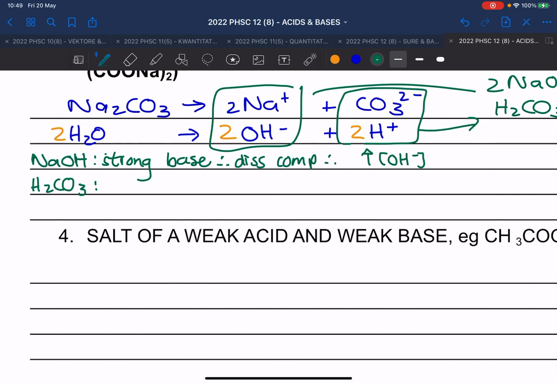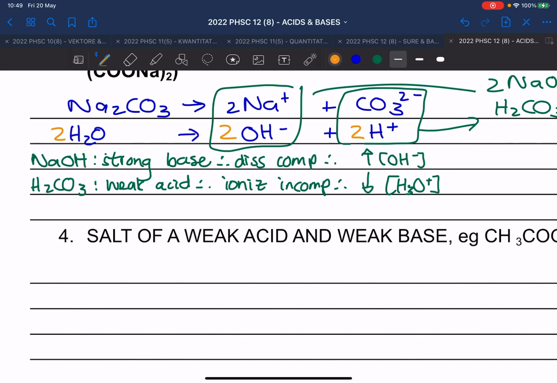And what's the definition of a weak acid? Dissociates? Ionizes. It ionizes incompletely to give you a low concentration of hydronium ions. Mooi. And that means golden sentence.